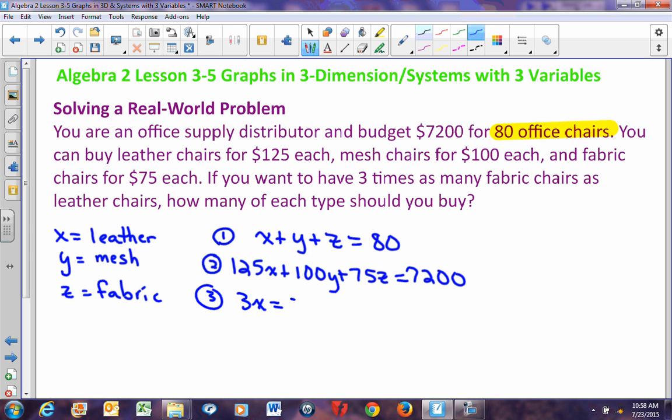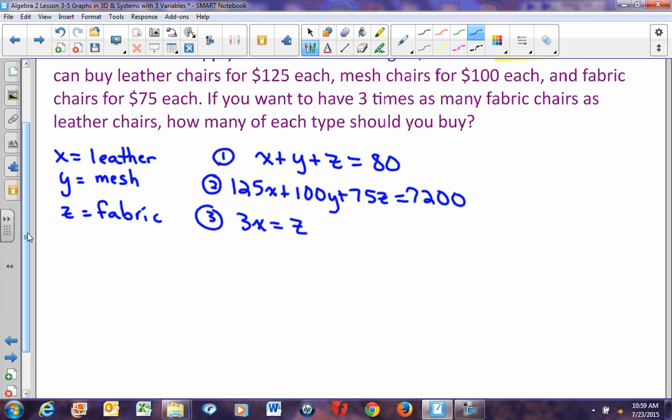3x equals z. That gives me 3 times as many fabric chairs as leather chairs. However many leather chairs I have, I multiply that by 3. That gives me my fabric chairs. This actually makes our equation a little bit easier because we now know that z equals 3x. So we already have it solved for a variable. Okay? So if I look at equation 1, x plus y plus z, which is 3x, equals 80.